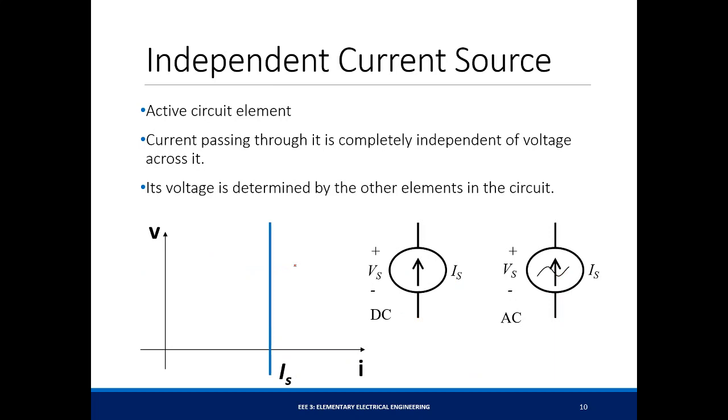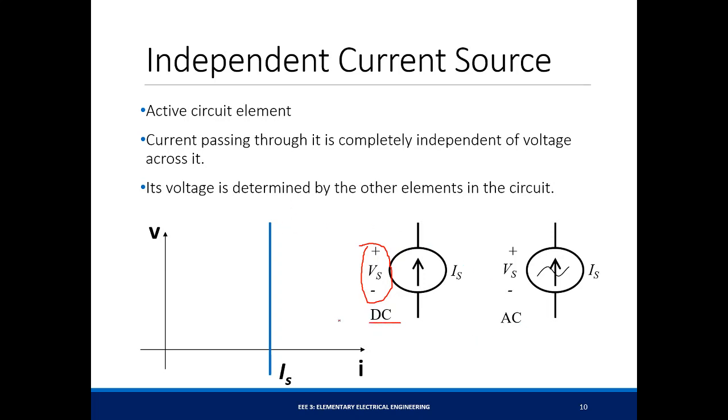An independent current source is the opposite. So it's represented by this straight line right here. What does it mean? It means that for any voltage drop on this current source, the current across that current source stays the same. So this is your DC current source. All right.